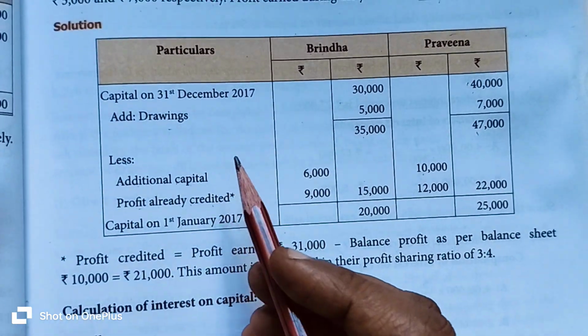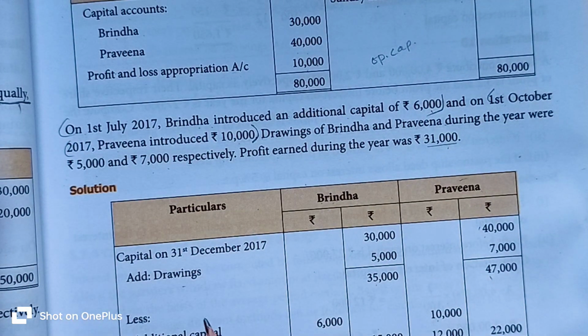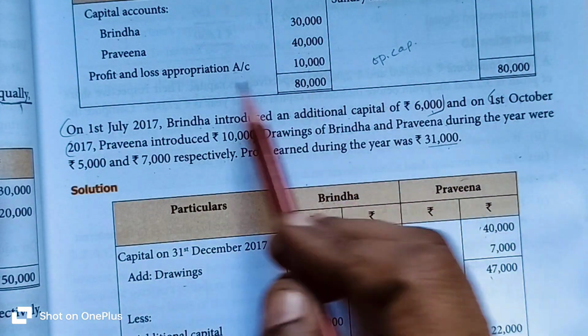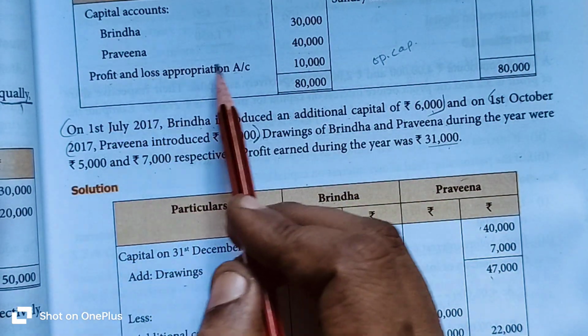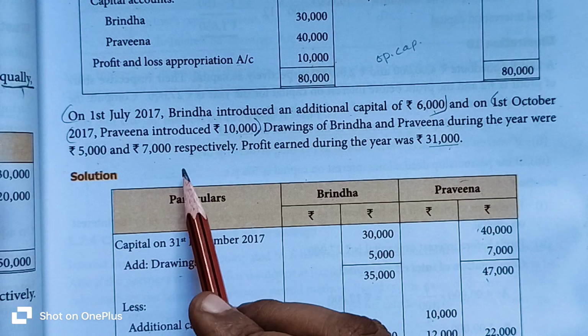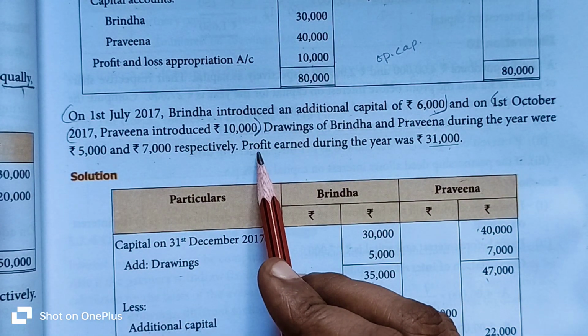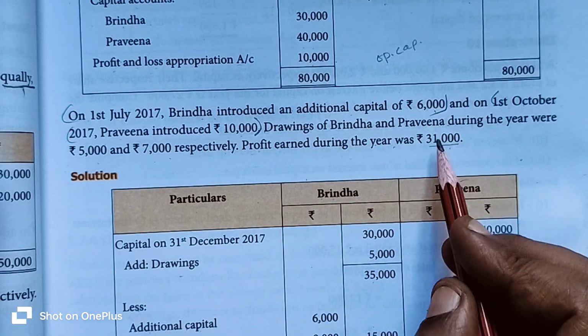Listen, they have given 2 kinds of profit. One is the profit within the box: profit and loss 10,000 rupees. Apart from the box, we have another profit, that is profit earned during the year, 31,000.